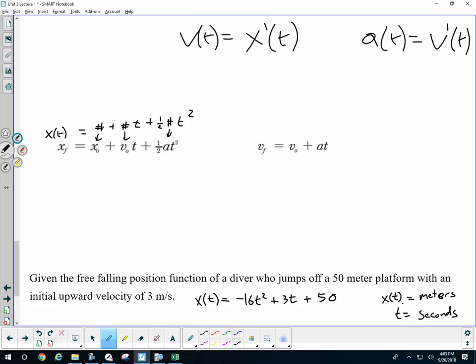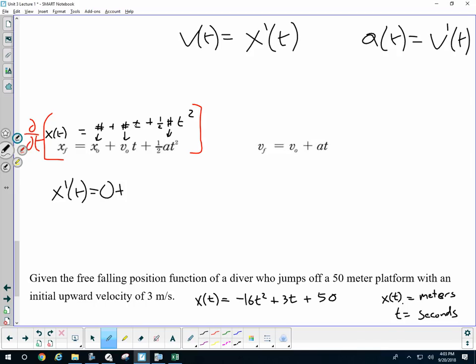And then they gave you another equation for velocity. Separate equation. Seemingly unrelated. But, my friends, take the derivative of that position function. x prime of t. Now, let's see. x naught, the number. What's the derivative of a number? 0. So that's 0. v naught t, the number times t.